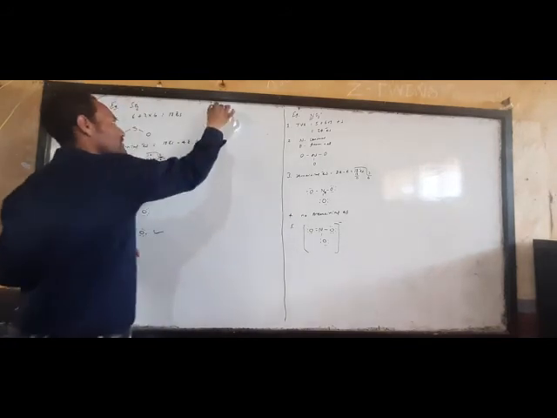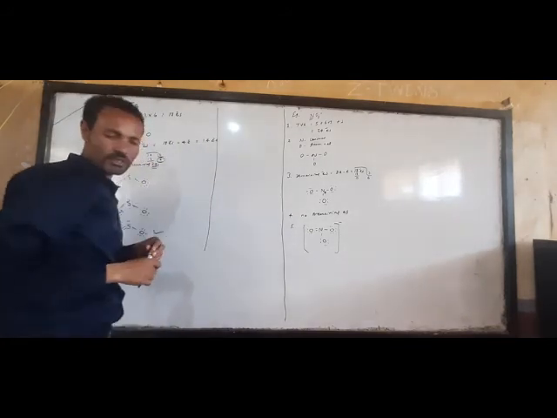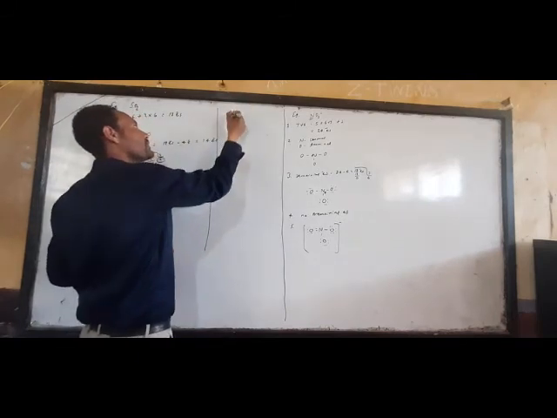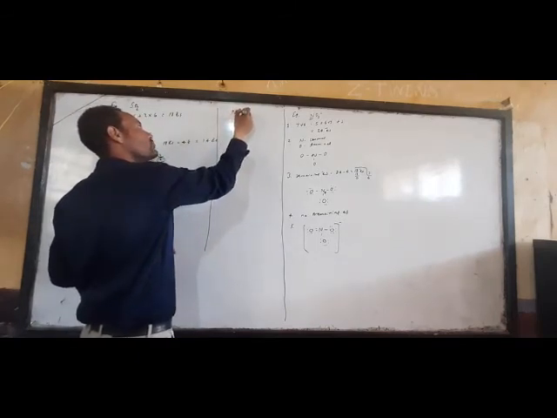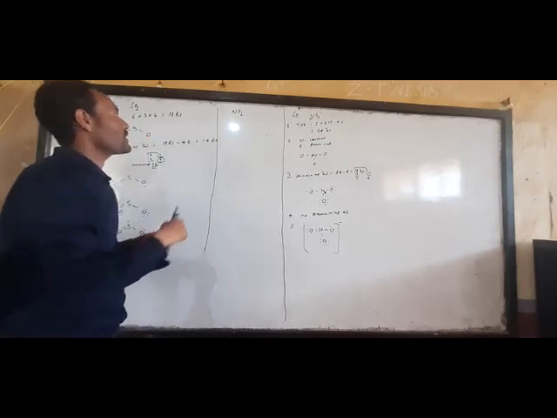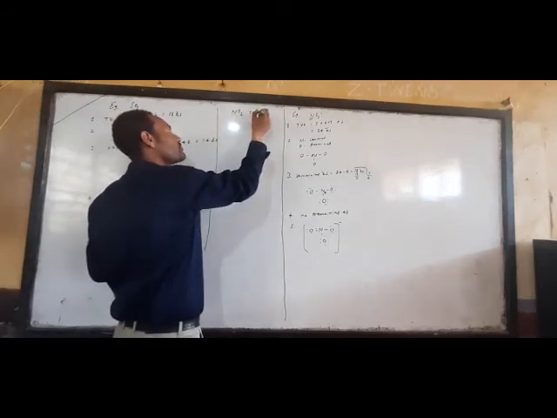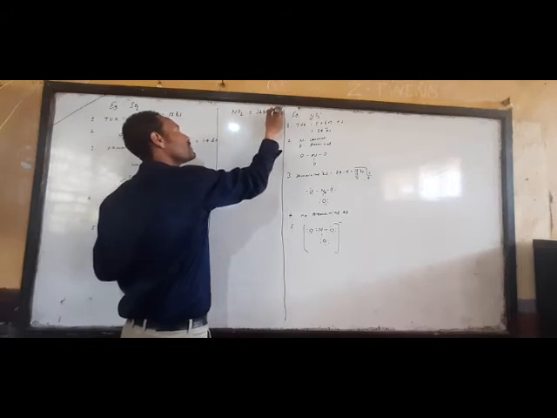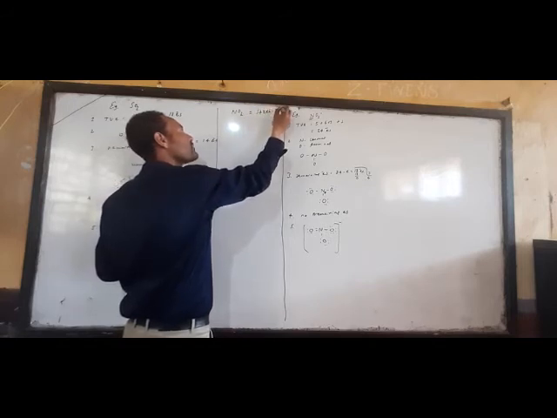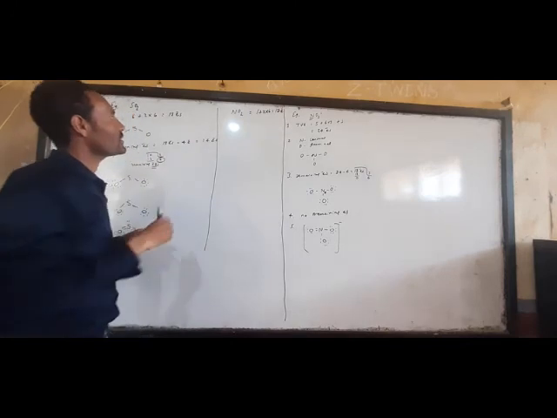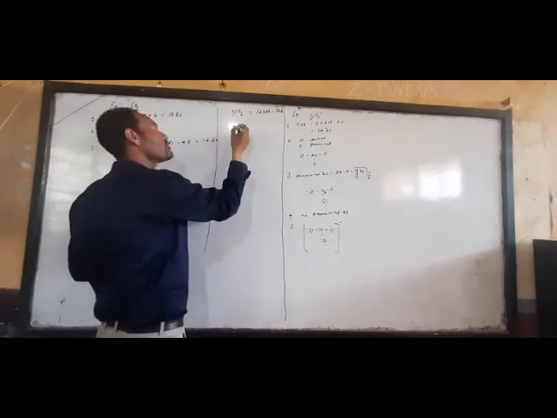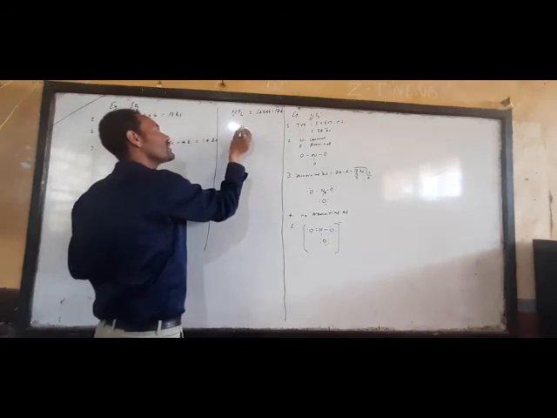Now let's add one more. Let's draw the Lewis structure of NO2, for example. Here the total valence electrons is 5 plus 2 times 6, which equals 17 electrons. The central element is nitrogen because it is less electronegative than oxygen. So nitrogen and oxygen, just like this.